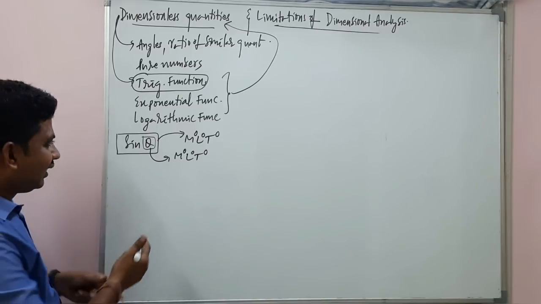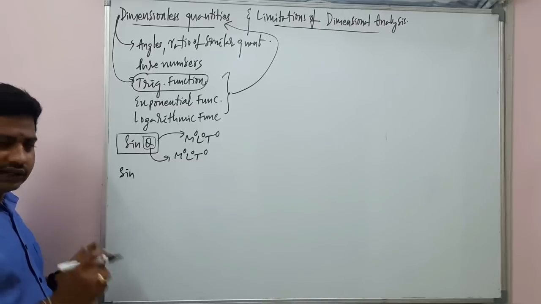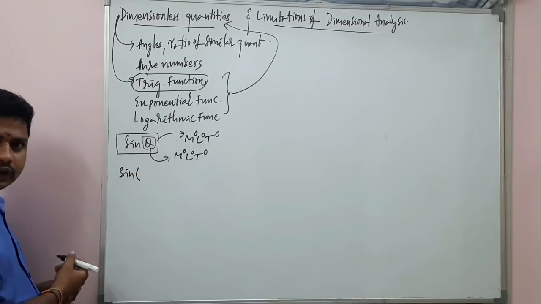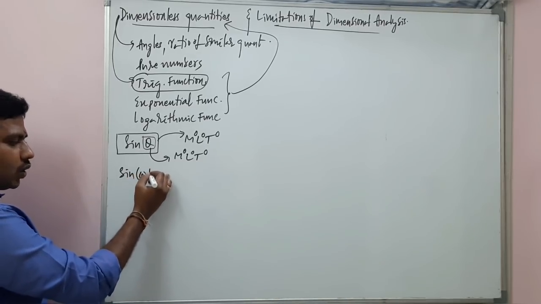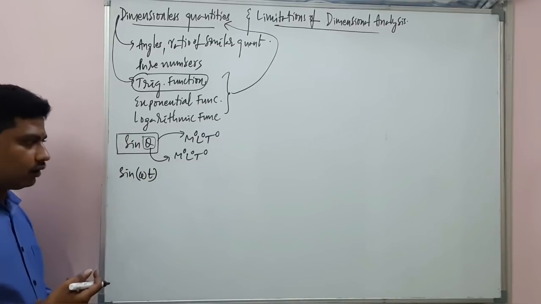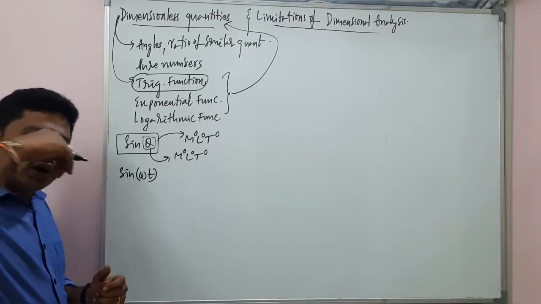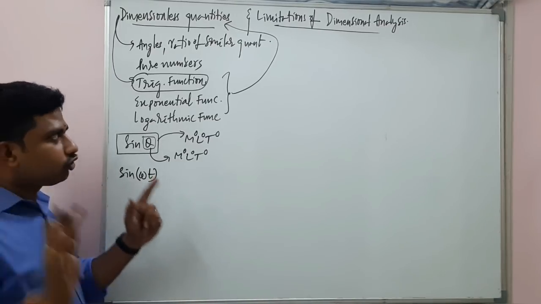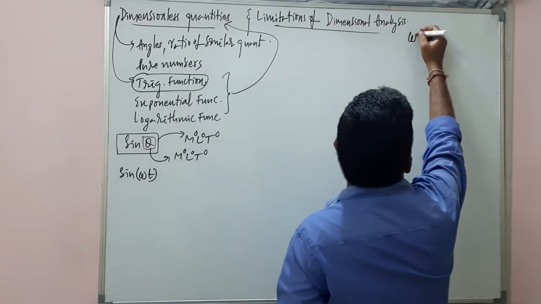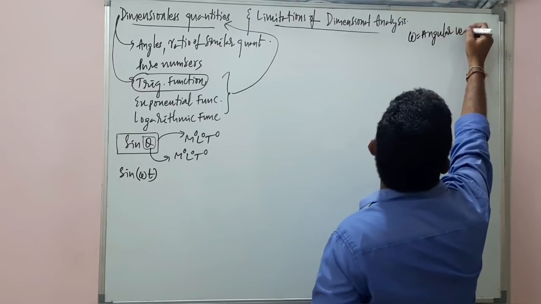Sometimes they'll give it like this: sine of, look here, sine omega t. Forget about whether you know about omega or not. For your better understanding, omega is equal to angular velocity.